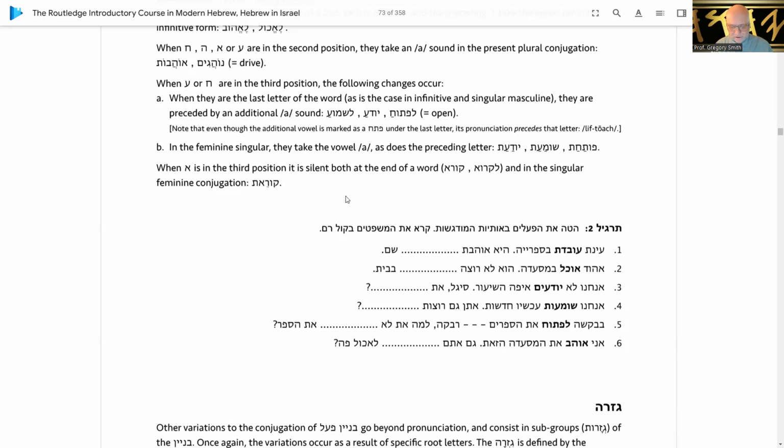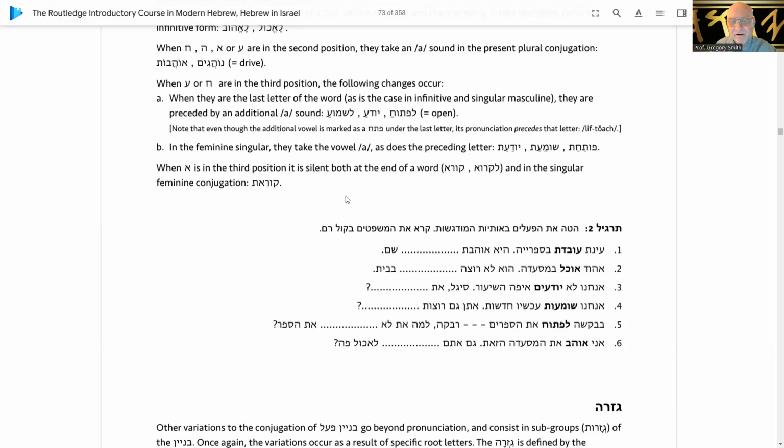Hamudgashot. Yeah, underline the verbs in bold. Okay, so hamudgashot is bold.